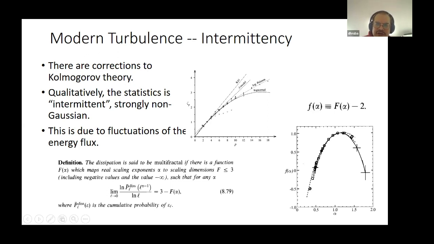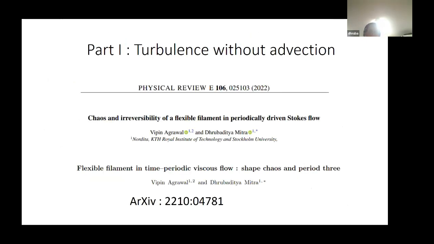So I have now talked about traditional turbulence and modern turbulence. And now I am going to talk about some things which are very strange. I am going to talk about turbulence without the advective term.